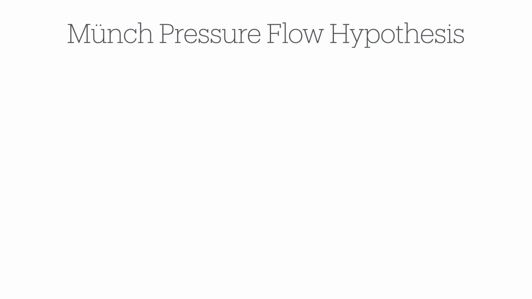And Munch, as I mentioned, proposed this pressure flow hypothesis in 1930, and he actually constructed tubes and glass vessels to show that this system could work in a mechanical way, not even in a living tissue, but the components that he built all exist in living tissues within the plant and will be explained here.